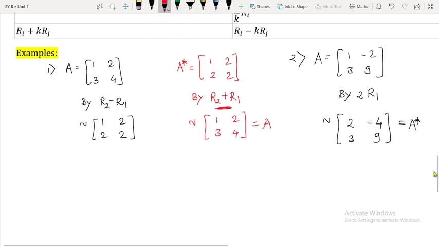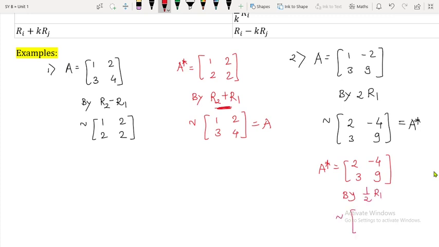Can you guess it? If I perform half R1, naturally, what I get is 1, minus 2, 3, 9, and that is nothing but our A back.